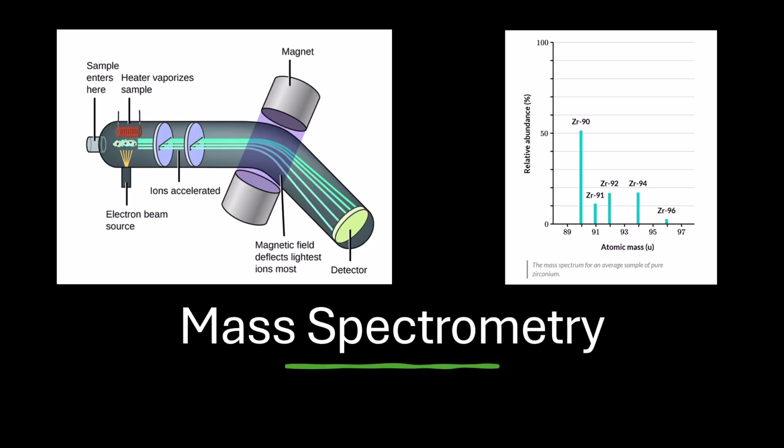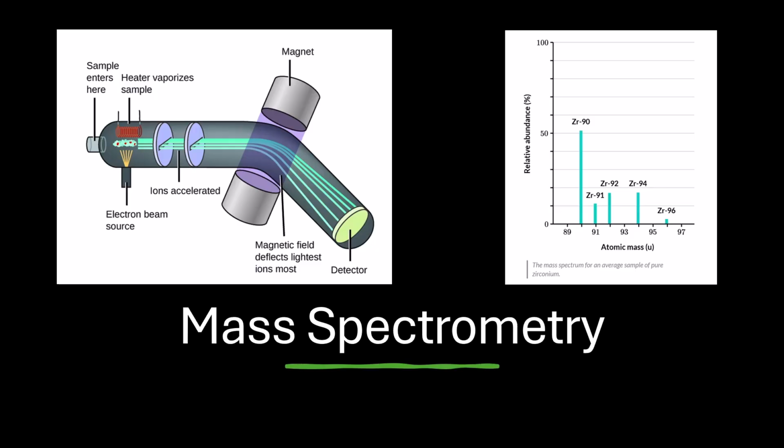So on a graph, you can see this type of graph on the right. You're going to have a horizontal axis that's going to be typically labeled with atomic mass or charge to mass ratio. They all mean kind of the same thing. And ultimately, it's going to enable scientists to identify those isotopes and measure their abundance by ionizing atoms, accelerating them, deflecting them with a magnetic field, and then analyzing where they land on that detector.